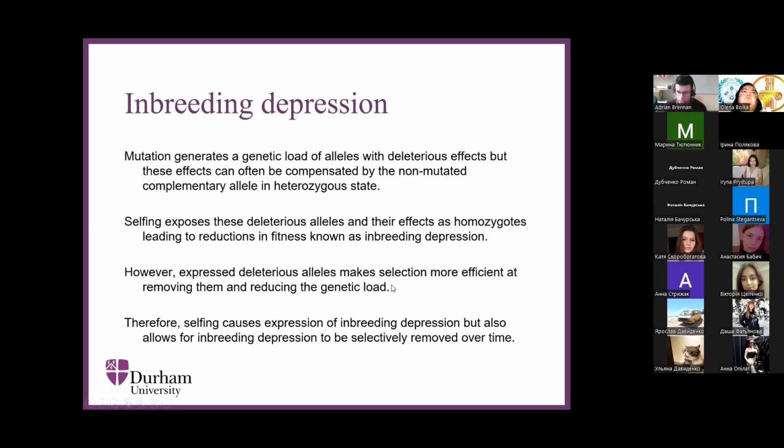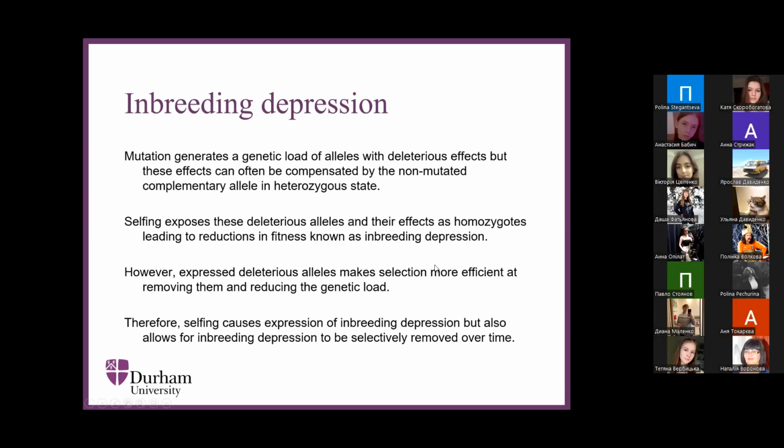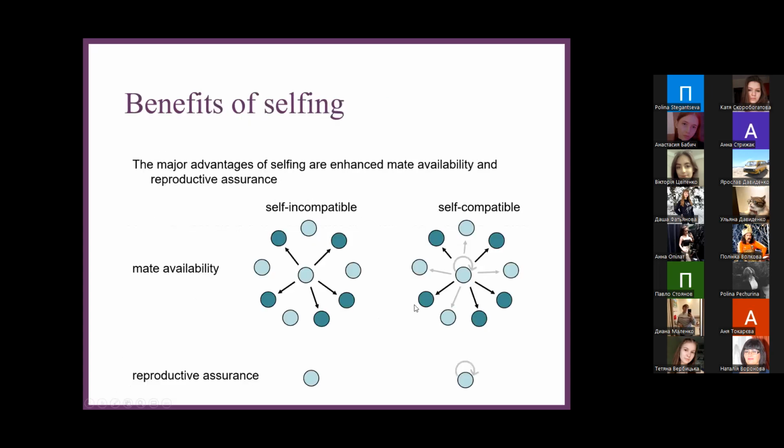Selection can act against this, and so you can gradually remove these deleterious alleles. That tends to happen in some selfing species, that they have purged their genetic load. But there's a race here, and you survive the lower fitness until your populations have purged all the genetic load.